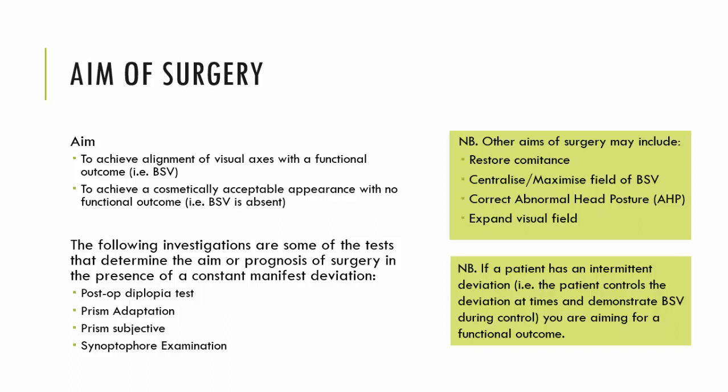An EXO deviation patient will have an extended visual field because the eye is turned out. And as such, when we surgically intervene with these patients, we will reduce the visual field and bring it back to normal levels. As such, be sure you warn your patients of potential changes to their visual field, as they won't be expecting this given that they've come in for surgery for their strabismus.